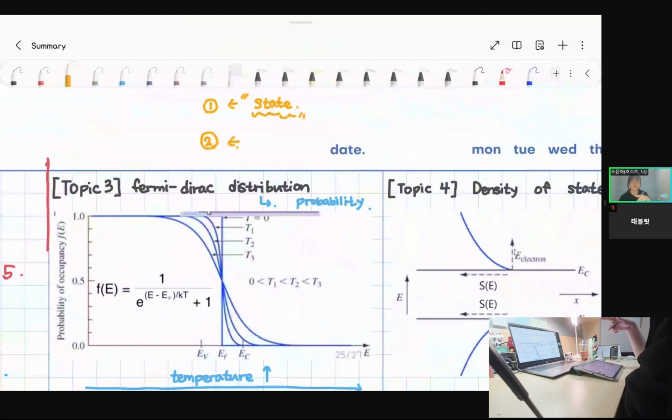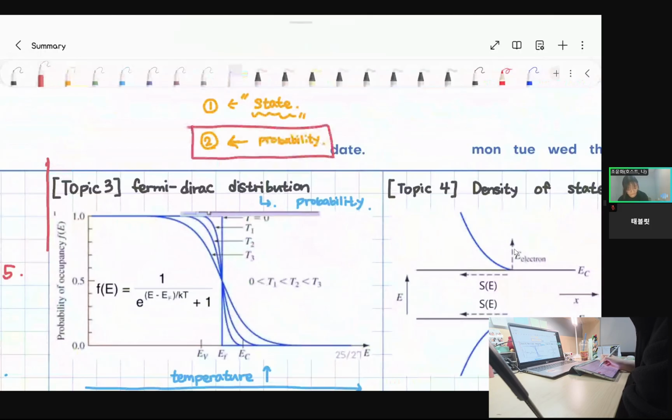We can't measure it, so we will consider the probability instead of just measuring it. The Fermi-Dirac distribution is related to the latter. The former is the density of state.